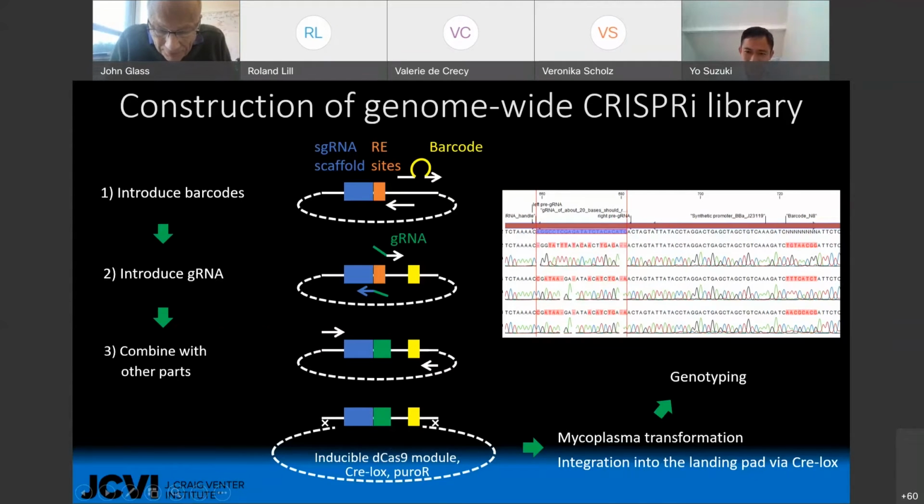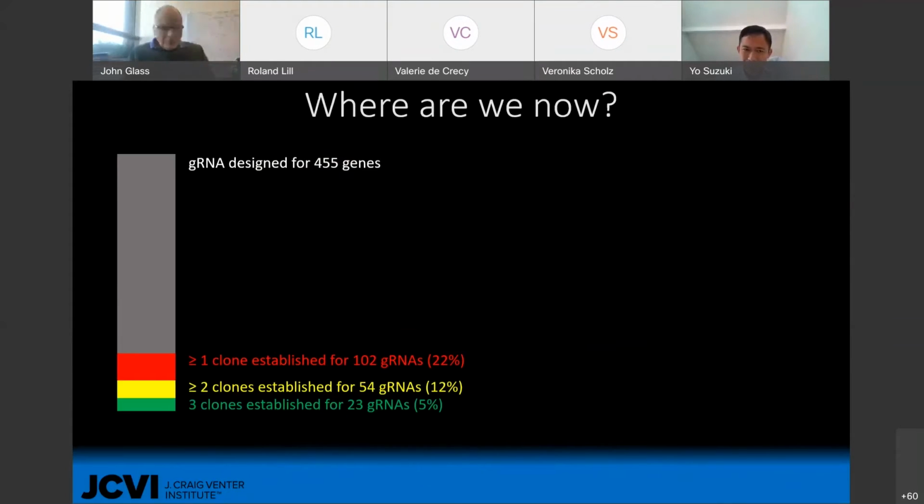Okay, so where are we now? We started with 455 guide RNA or PCR priming pairs, and we now have mycoplasma strains for 102 of them.